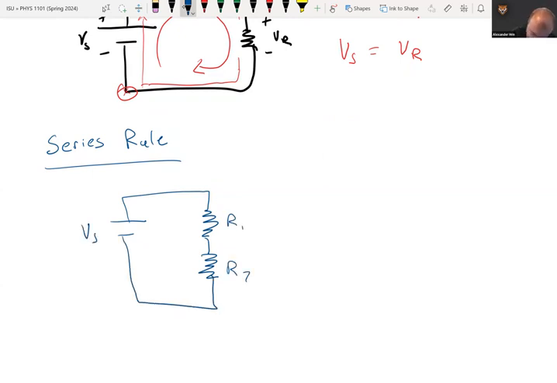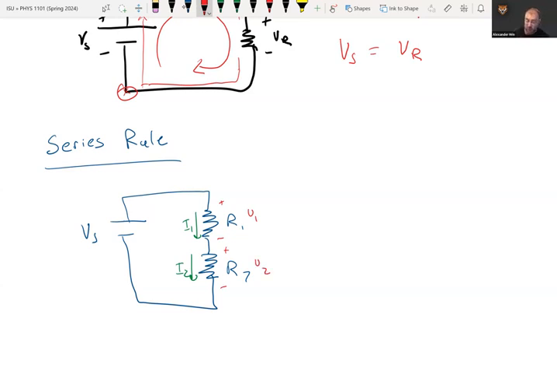Now we'll have a voltage of a source. I'll try and color code things differently. We would have I1, I2, and then we would have plus minus V1 and plus minus V2.